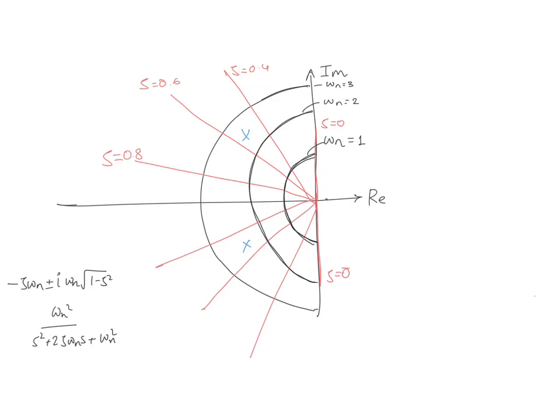So you could locate the parameters, zeta and omega n, immediately just by looking at the picture if this grid was superimposed.